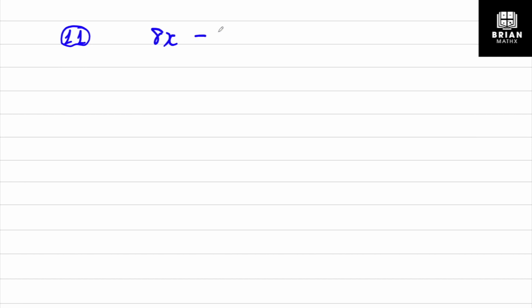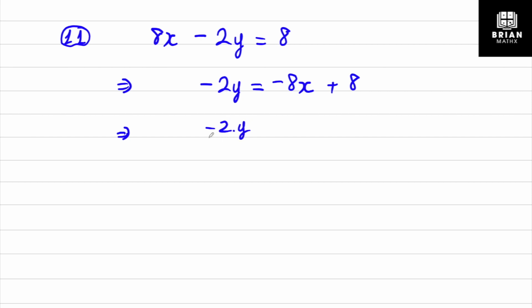8x minus 2y equals 8. Okay, so how can you find m and c? First, remember here is -2y. I move this from left to right, becoming -8x plus 8, and after this I will divide by what?